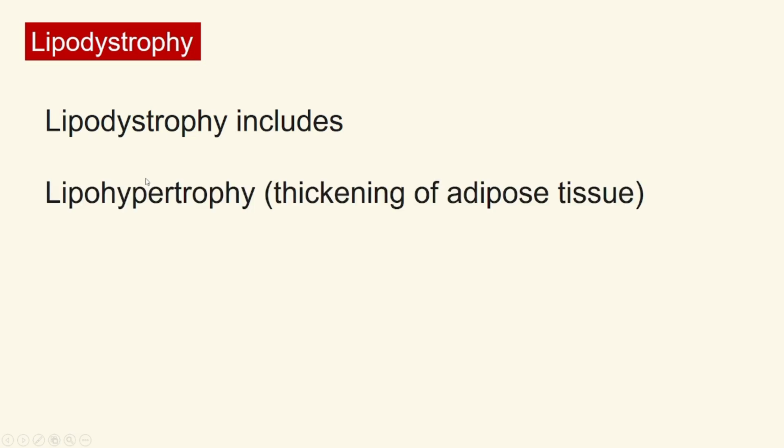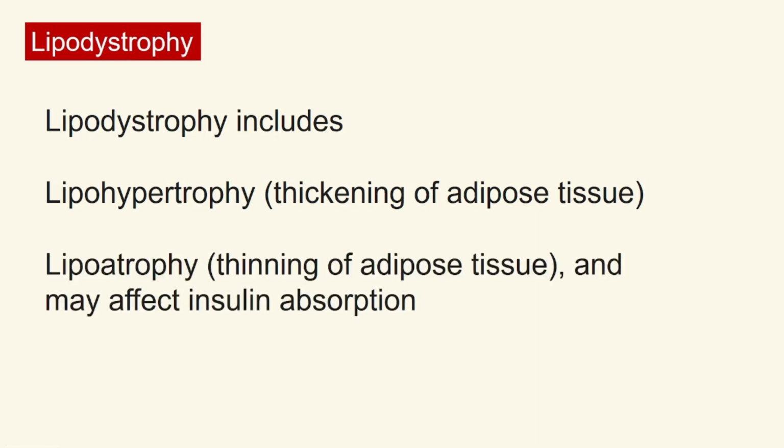One common side effect of insulin, if regularly injected at the same site, is a condition known as lipodystrophy. What is lipodystrophy? Lipodystrophy includes two things. One is lipohypertrophy, which means thickening of adipose tissues, and the other is lipoatrophy, which is thinning of adipose tissues.